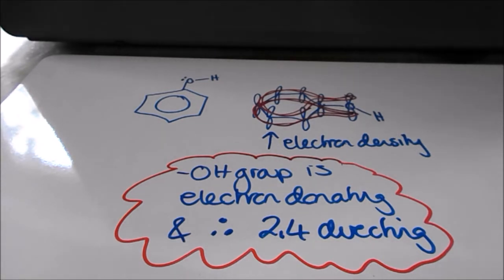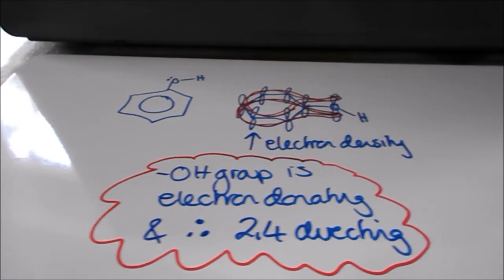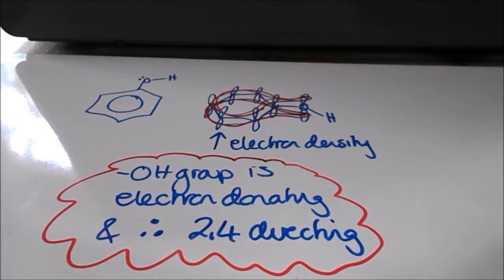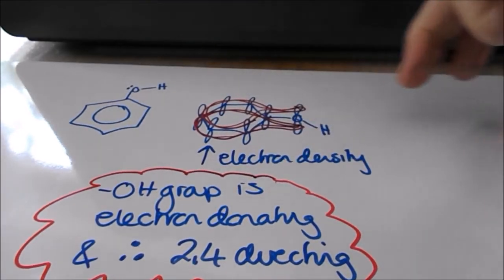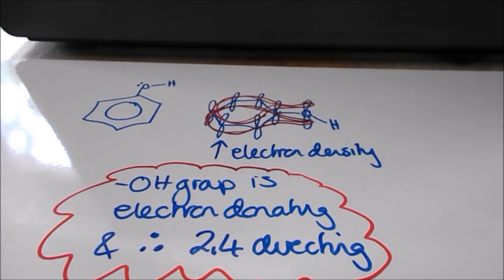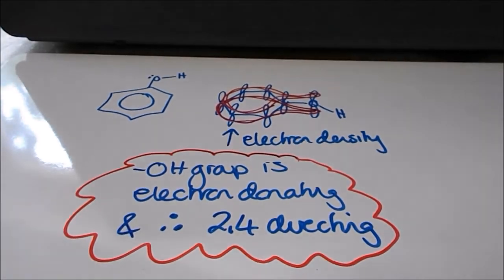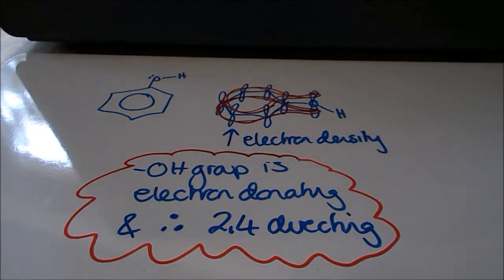And then by contrast, if we have an electron withdrawing group, then that's going to behave in the opposite way. Our electron density is going to be decreased because we're pulling electron density away from the ring, and then our electron withdrawing group is going to be 3 directing. So that activates the position where the electron donating group didn't, if you see what I mean.